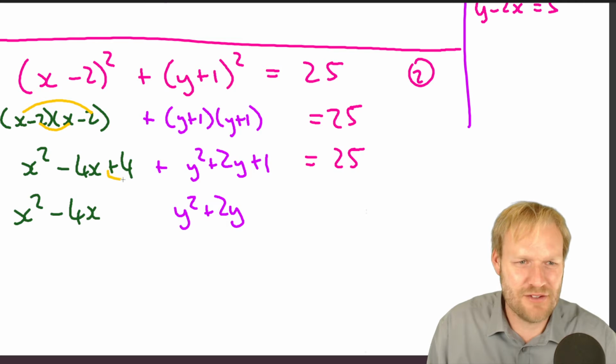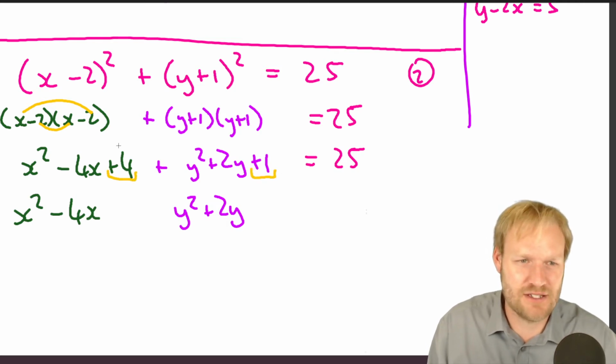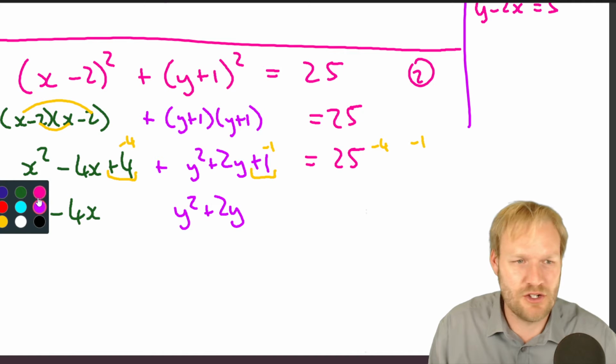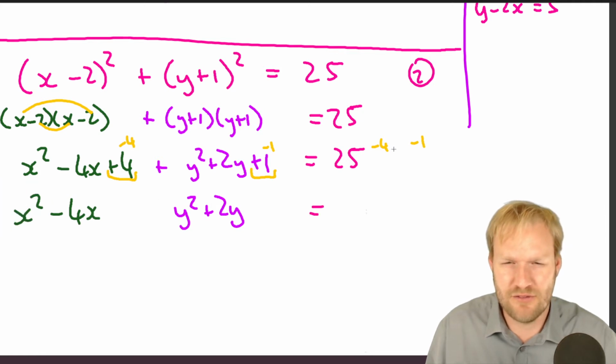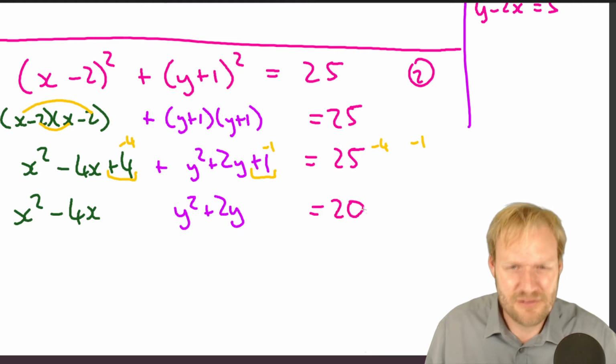And then if we've got this plus 4 plus 1, that gives us 5. So let's subtract 4 and subtract 1 from that side. What we do to one side, we do to the other. So that equals 20. 25 minus 5 is 20, right?